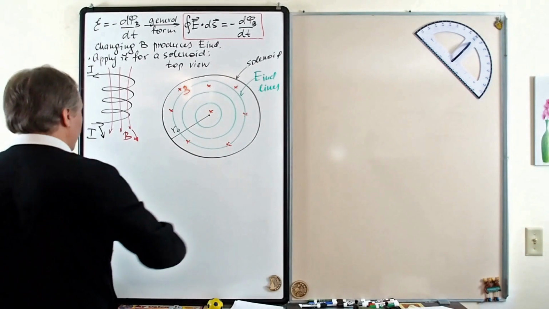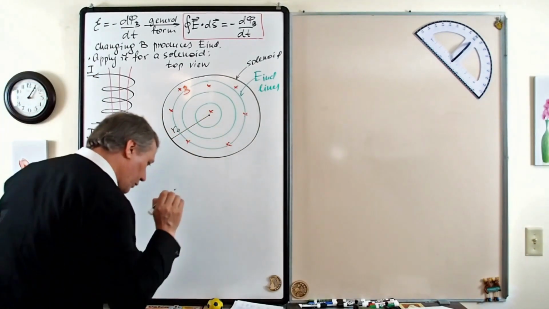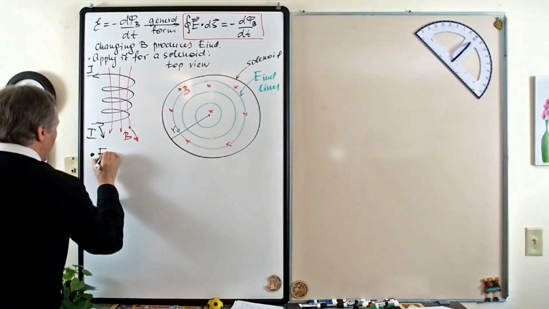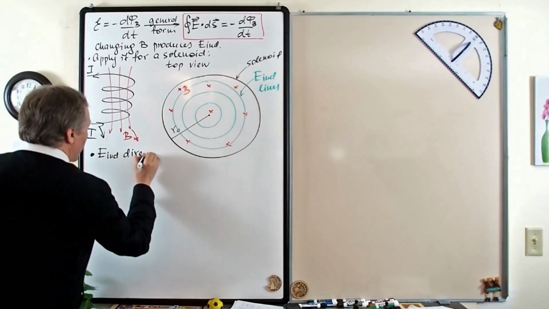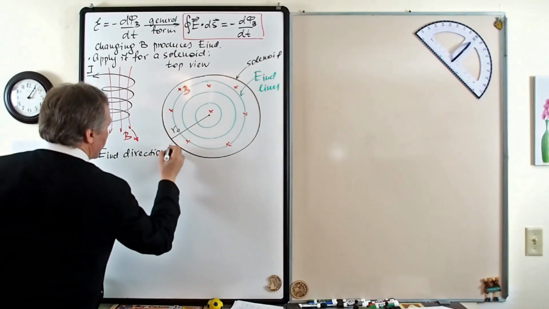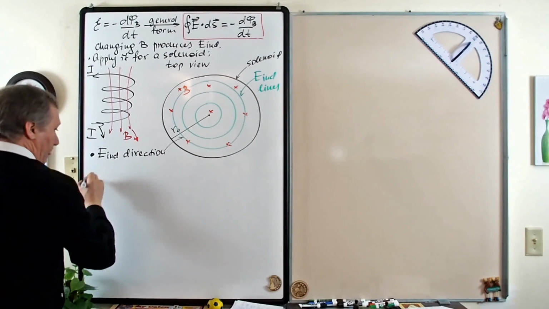So let me write it right now. So the direction of E induced. How can we find the direction of E induced, the direction of those electric field lines?